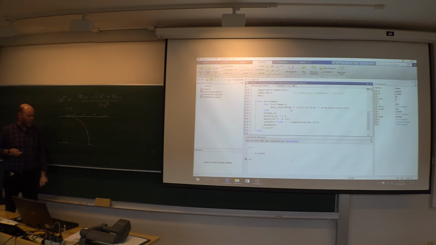So that would be one way to deal with it. Invent a point here equal to this one, and then use the same differential equation for this point as we already have. That could be one way to do it. Well, we can actually try it, can't we?